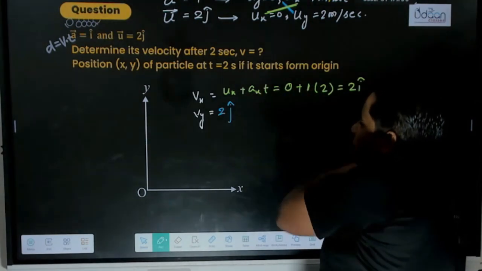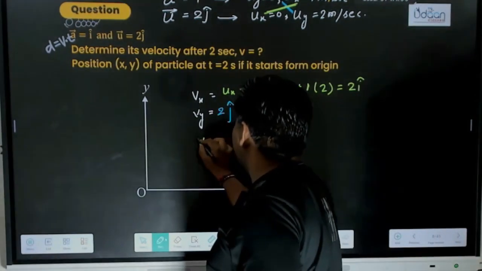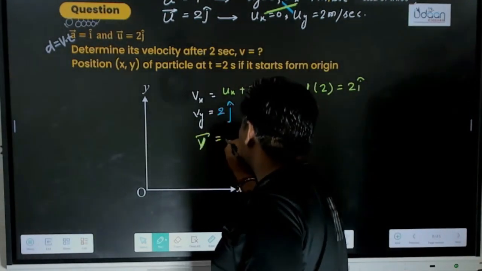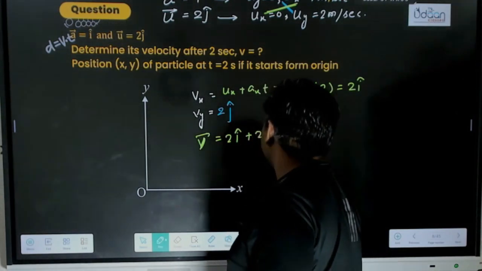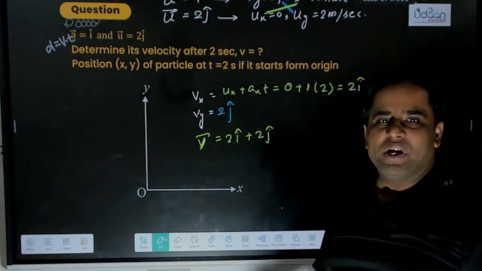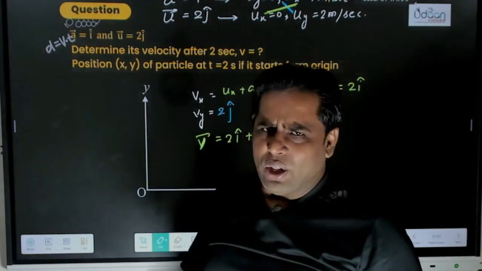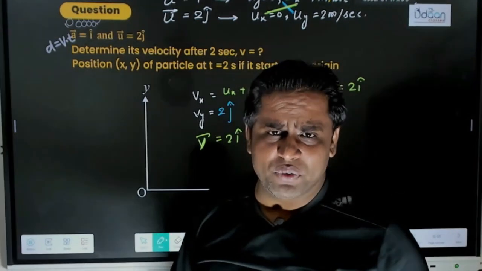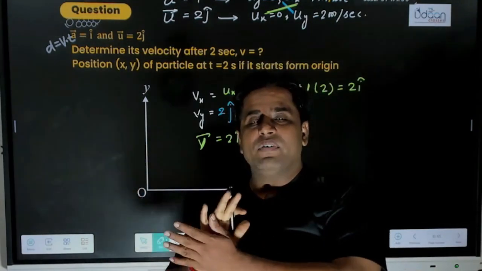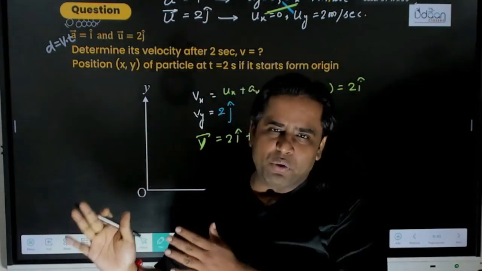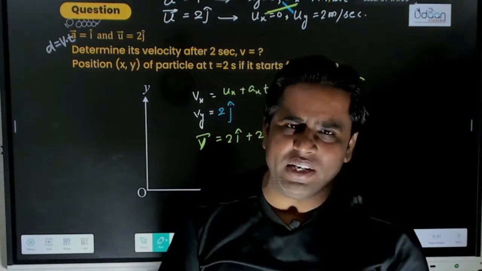So if they will be demanding you to find the value of velocity vector, you can write down, students, that it is going to become 2i cap plus 2j cap. There is nothing to worry about. All the questions are very easy for you. Just you need to understand the thing from a different perspective to solve the questions based on motion in a plane, student.